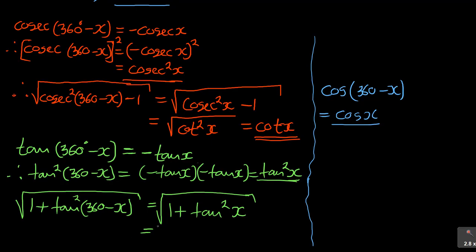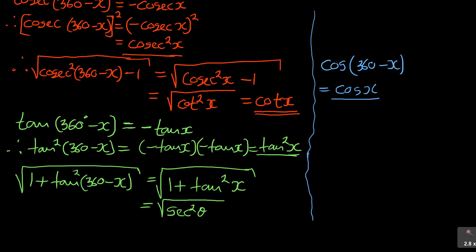So this is the same as saying square root of sec squared theta, and with square root of sec squared theta, the square root and the square will give us sec theta in this case. Actually, I'm not supposed to use the word theta there as in the formula. I'm supposed to use our theta in this case. It is our x. So you see that one. So I was correcting from that.